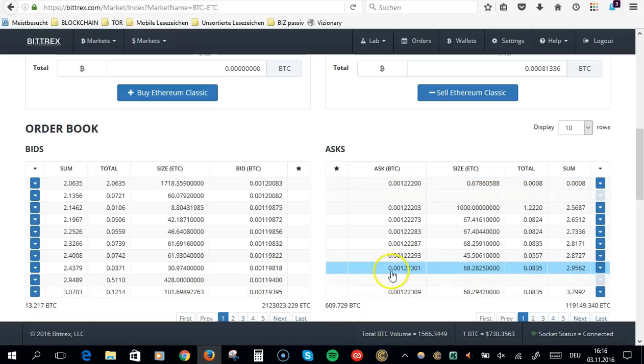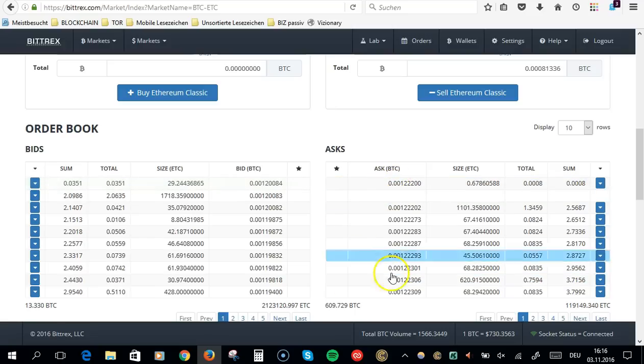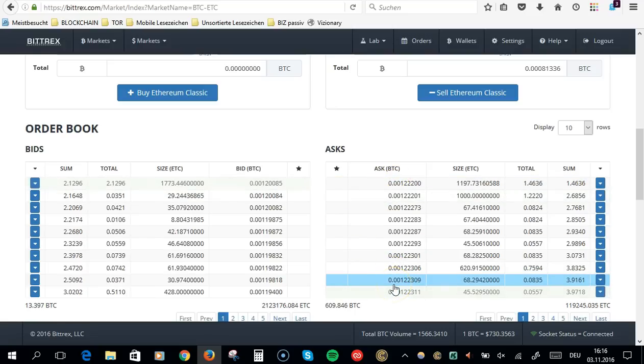Then there would be a sell order placed in this column, and it depends on if someone else is buying it at that price. So you don't have an instant sell. You may have to wait a little bit until your coins are sold.